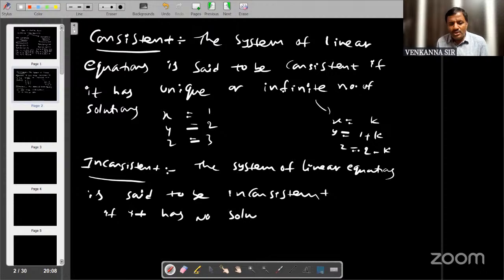Consistent has a unique solution or infinite solutions, and here inconsistent has no solution.